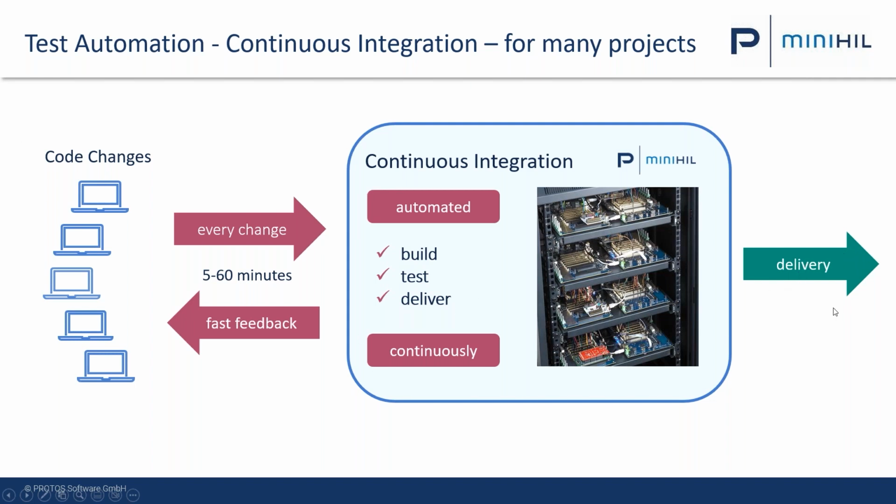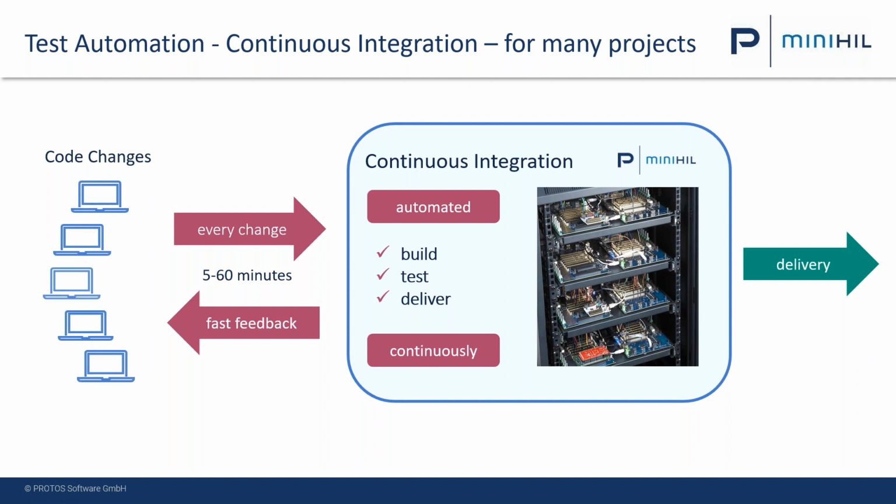I always say, please also deliver your software continuously, even if you don't need to deliver it. So you know always that you can deliver it. That's also kind of a test. And here you see a typical setup for a continuous integration server in a rack.